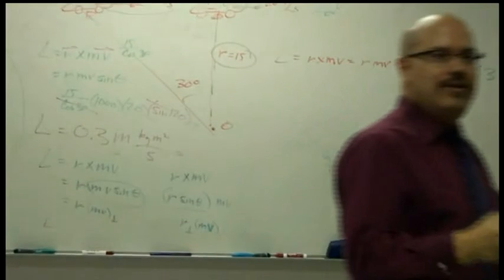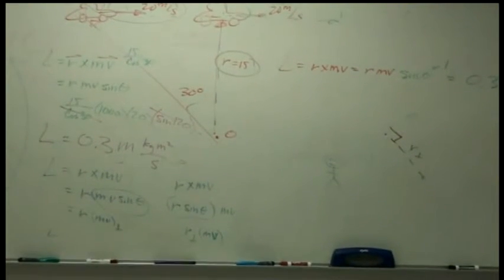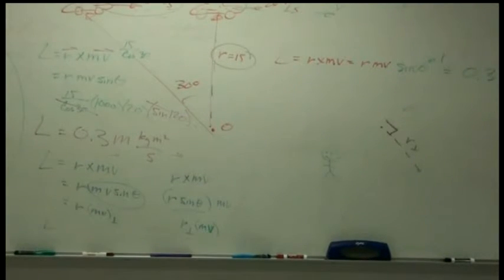Now here is a crazy fact. No matter where you are at that point, you have the same angular momentum. That means, cool fact, if a moving object has a constant linear momentum, it will also have a constant angular momentum. That holds for any arbitrary point.